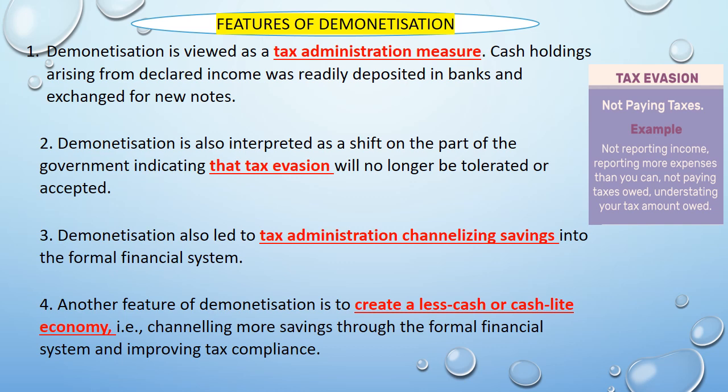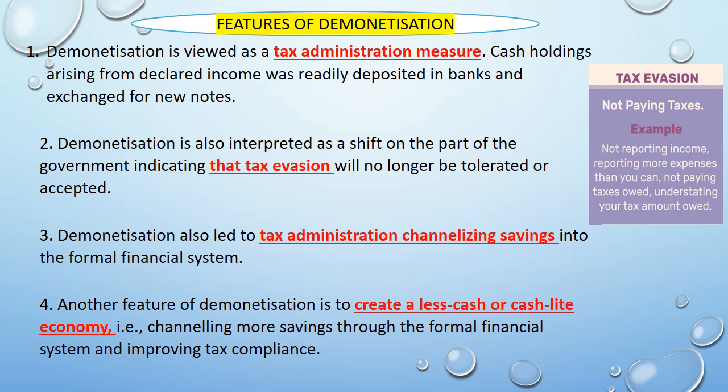By then, what did they do? They started investing their money into the banks, and their old notes were changed into new notes. That's what we were all doing, right? Then demonetization is also interpreted as a shift of tax evasion. What's tax evasion?